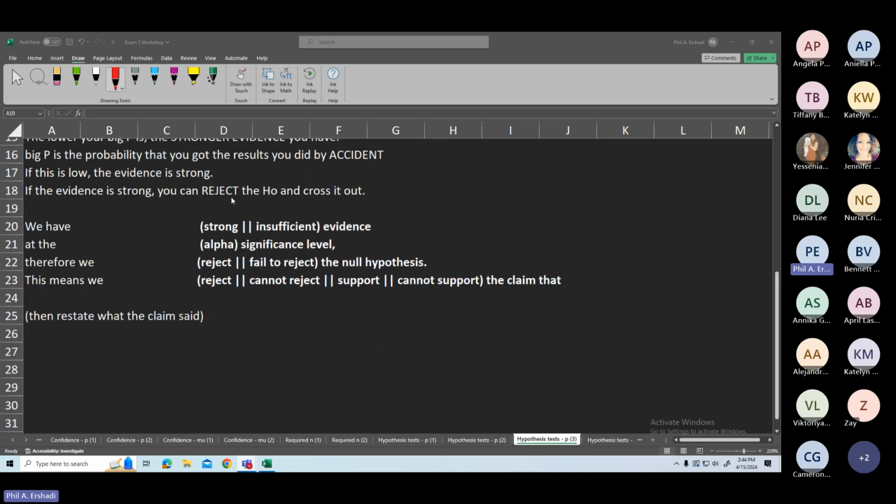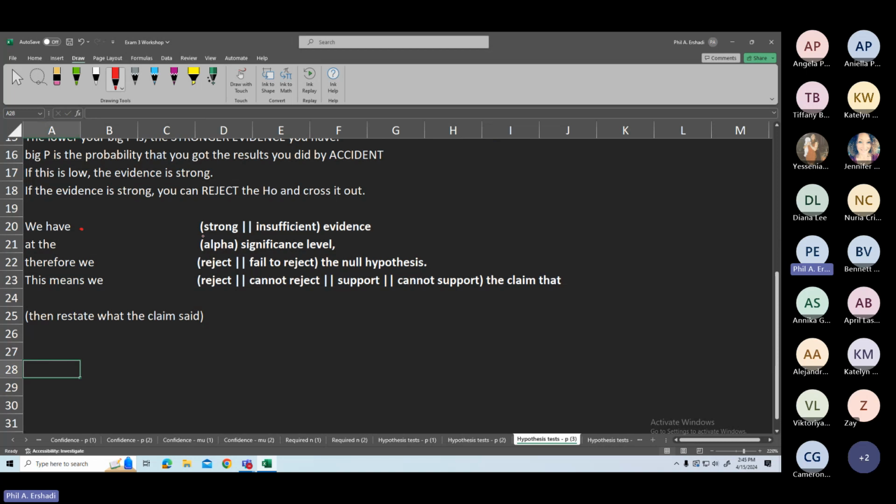So if we are going to write the conclusion, we would say we have sufficient evidence. You can think of this as a series of multiple choice questions.